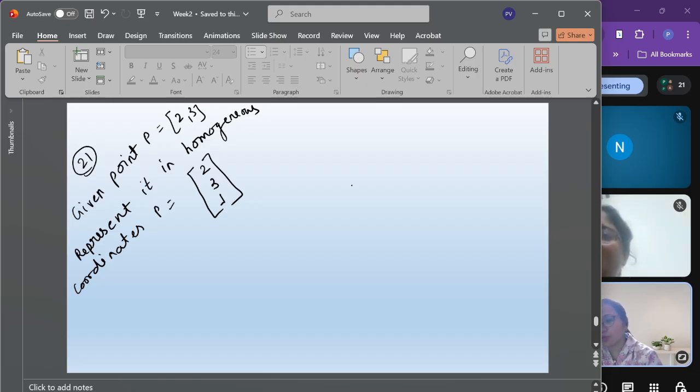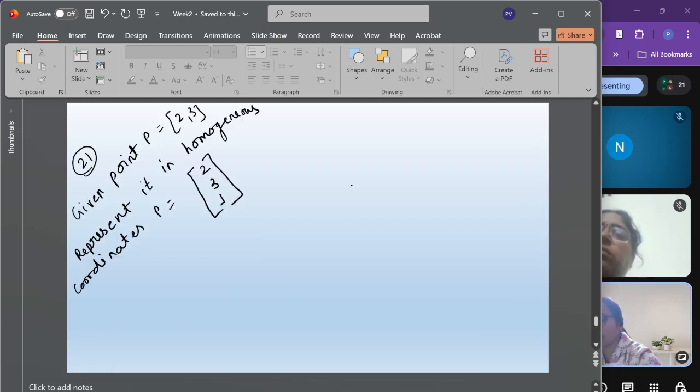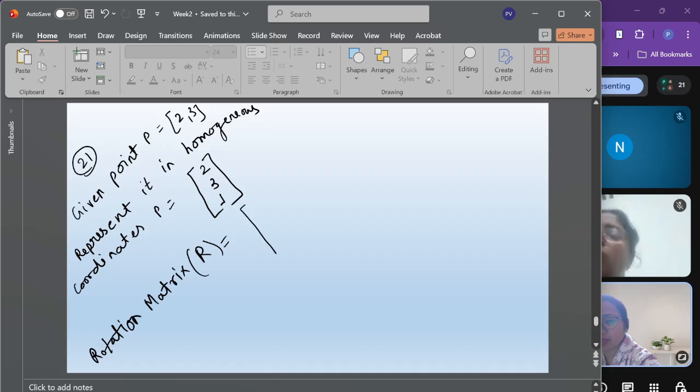Now they have told us that this point is rotated by 90 degrees counterclockwise. So what will be our rotation matrix? First we need to find our rotation matrix to calculate the final point. Let's say it is R. This is our rotation matrix: cos theta, minus sin theta, 0; sin theta, cos theta, 0; and 0, 0, 1.